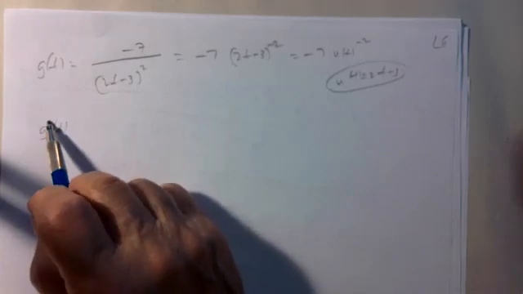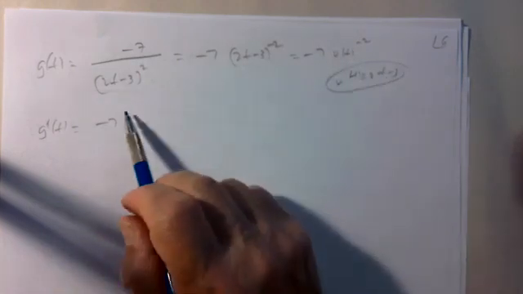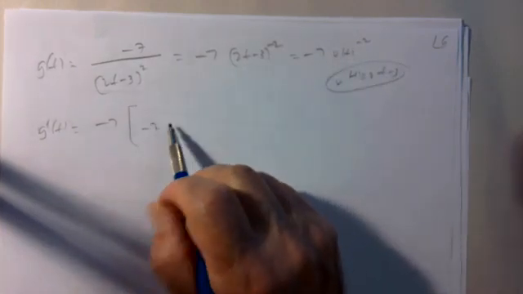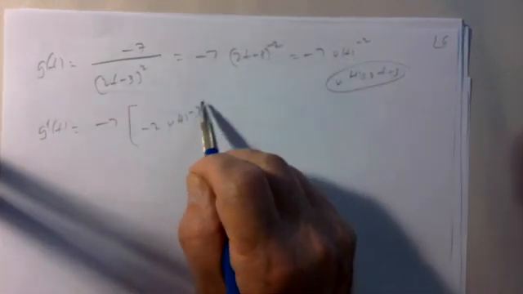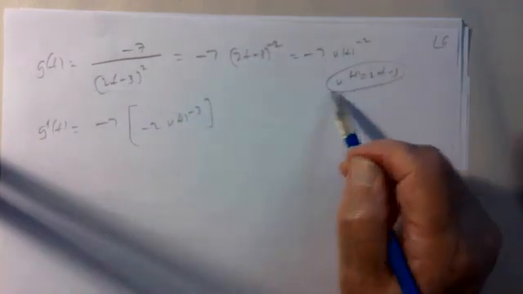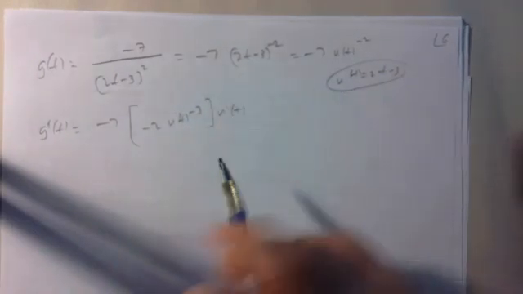So g prime of t is minus 7, and then you get minus 2 u of t to the minus 3 times u prime of t.